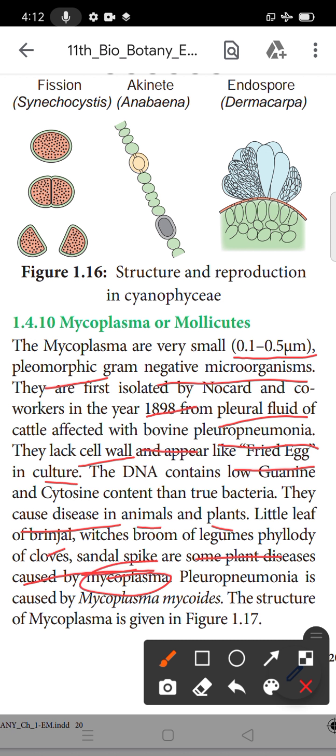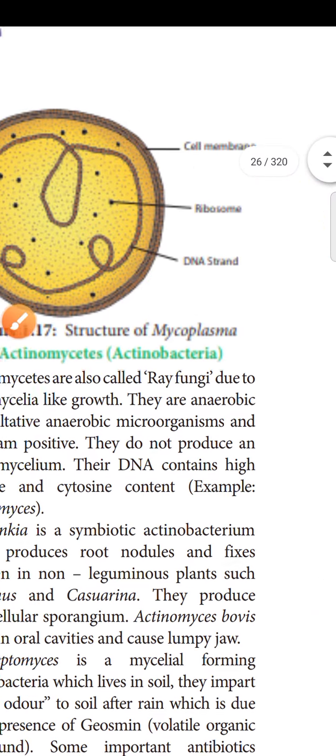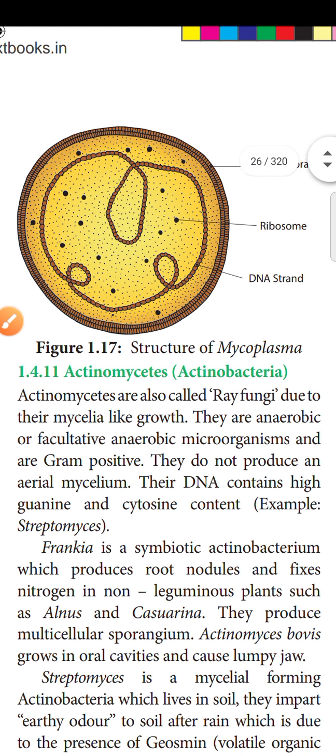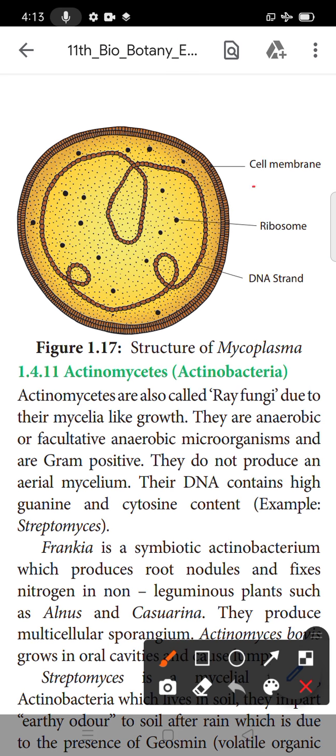Pneumonia is caused by mycoplasma. What is the structure of mycoplasma? A cell membrane is the outer layer, and ribosomes and a DNA strand are also present.